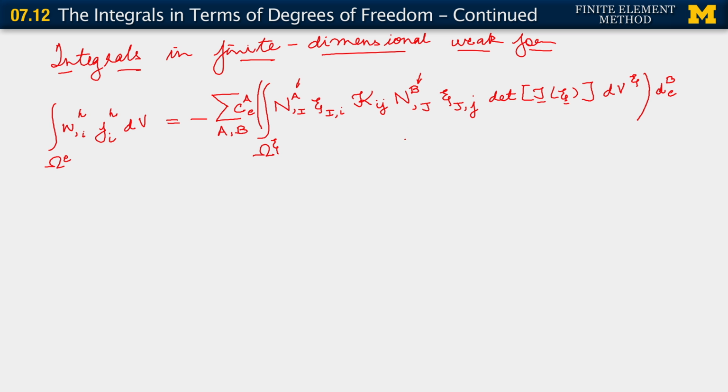So when we carry out this integral, and let's assume that we do know how to carry it out, first of all, observe that this integral is relatively easy to carry out because our domain omega xi is a nice regular subdomain. It's a bi-unit domain. So let me just write that little bit here.